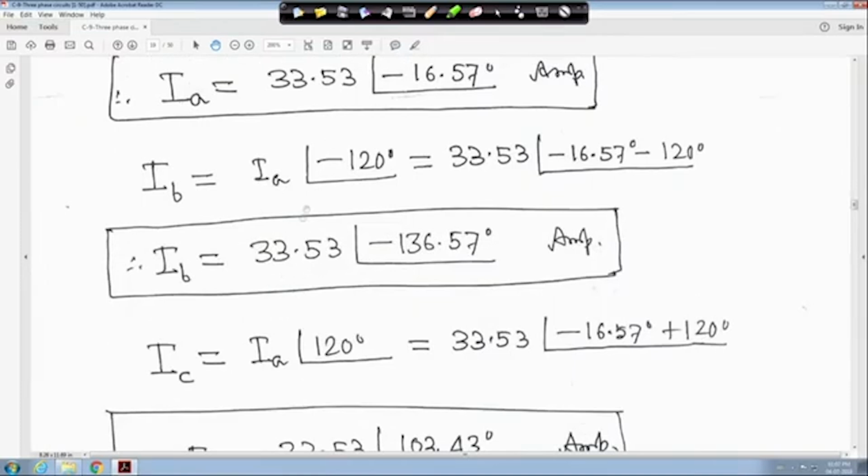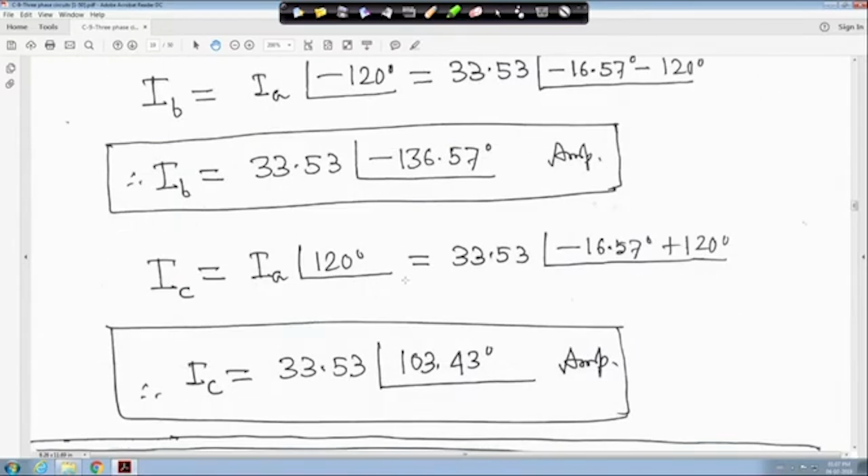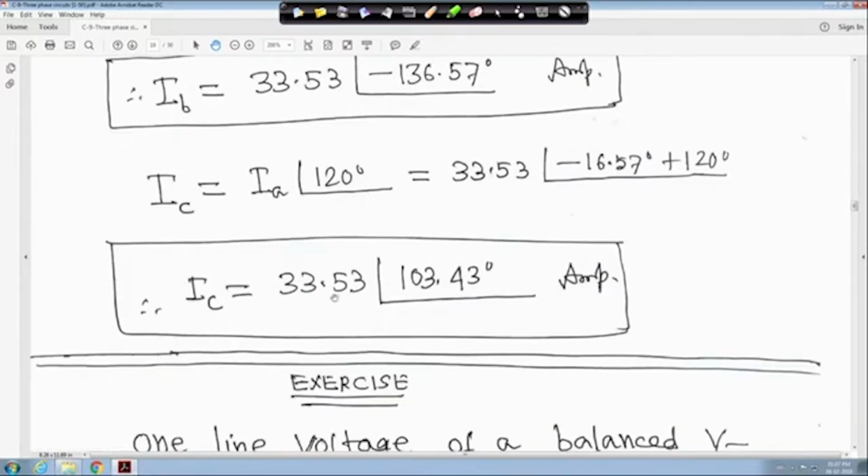The currents have the same magnitude, balanced 33, and if you take the difference between these two angles, you will find it is minus 120 degree, ampere. Similarly, IC is equal to IA angle 120 degree, so IC is 33.53 angle 133.43 degree ampere.